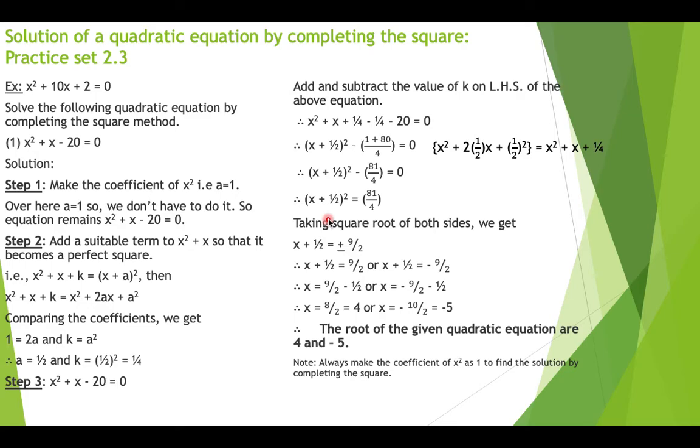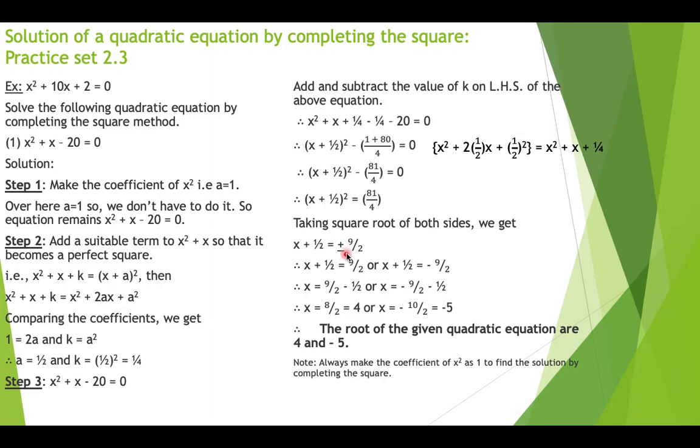Now we take the square root on both sides. We get x plus half is equal to plus or minus 9 by 2, because the square root of 81 is 9 and of 4 is 2. So x plus half is equal to 9 by 2, or x plus half is equal to minus 9 by 2.